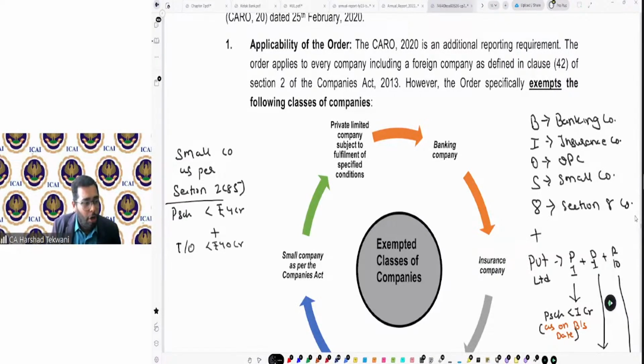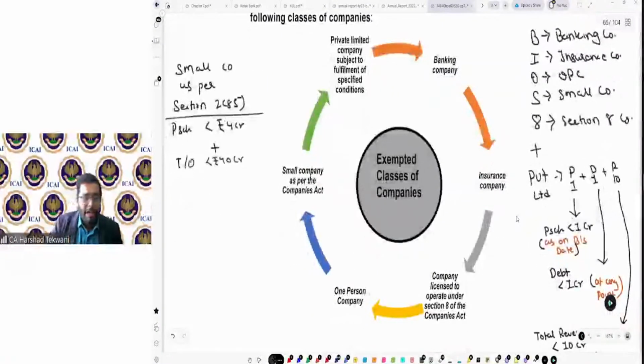Otherwise, it will not be a small company. Clear? So that is what I was talking about: BIOS 8 and PVT.